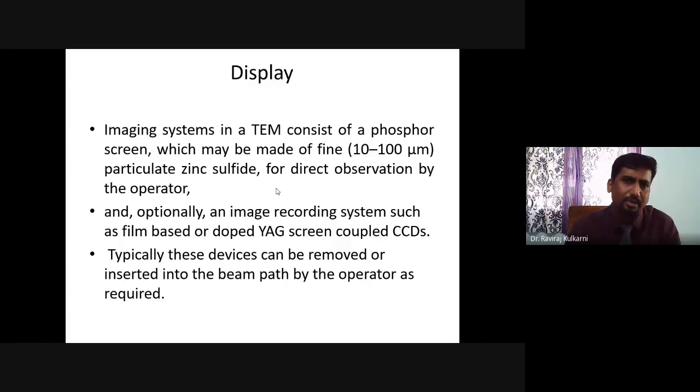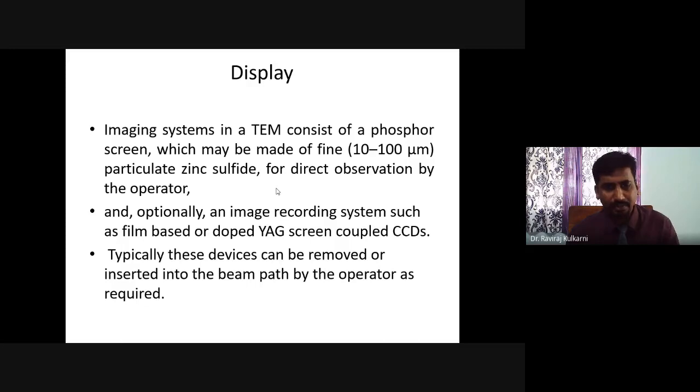Optionally, there is an image recording system such as film-based or CCDs coupled to a scintillator screen. Typically, these devices can be removed or inserted into the beam path by the operator as required. The display system can also be removed or inserted where you don't require very high vacuum, so creation can be done within a day or a short period of time.